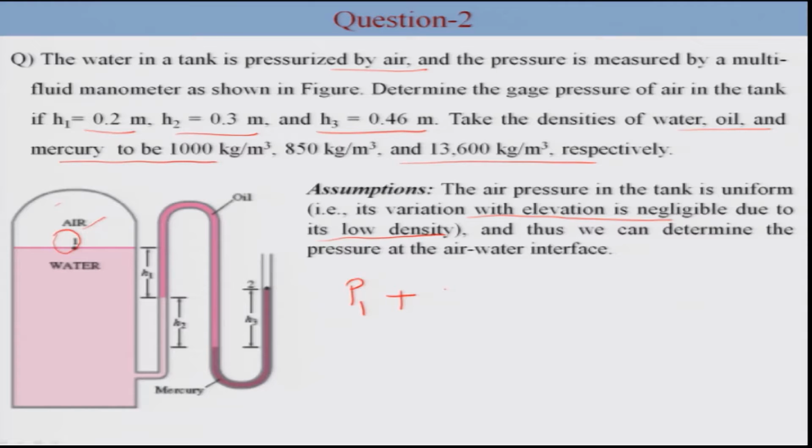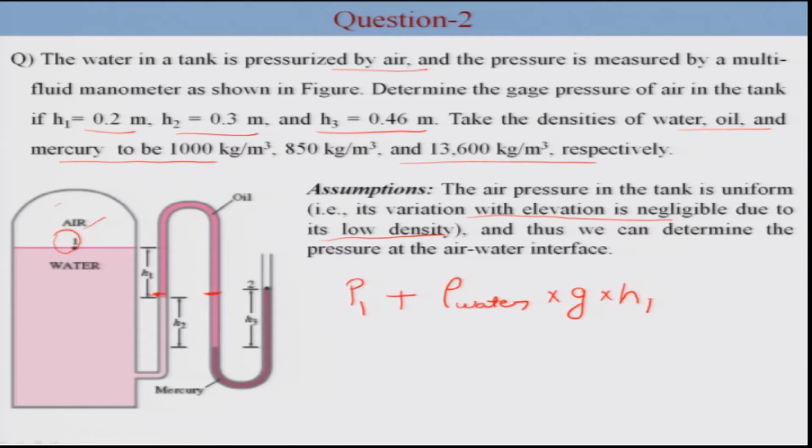So it will be density of water as we are moving downward, density of water multiplied by g, acceleration due to gravity, and height h1. With this we get the pressure at this point. Now this pressure will be same as pressure at this point in the tube because it is the same fluid. So the pressures at these 2 points are same.